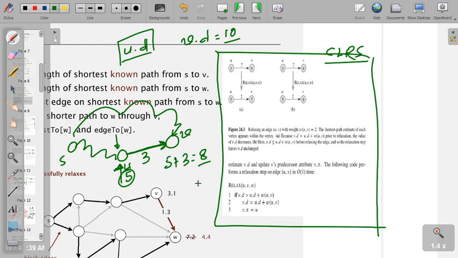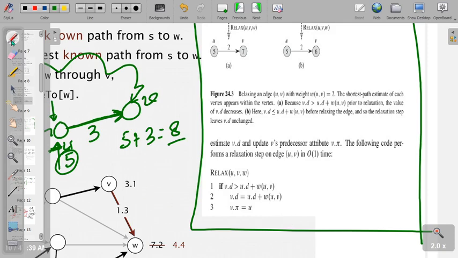So what I'll be doing is checking this condition: v dot d was 10 in our example, u dot d was 5, and w(u,v) was 3. So is 10 greater than 5 plus 3?